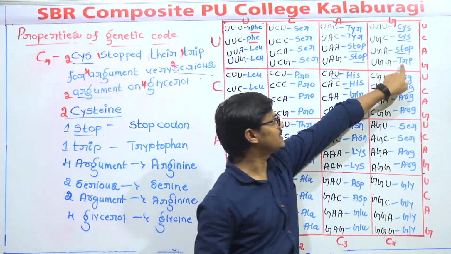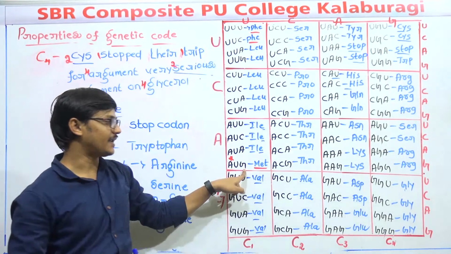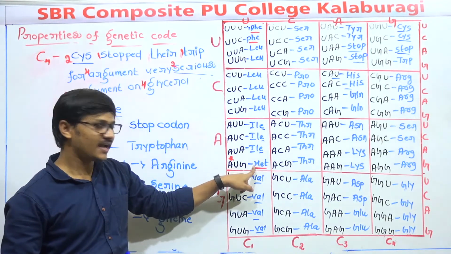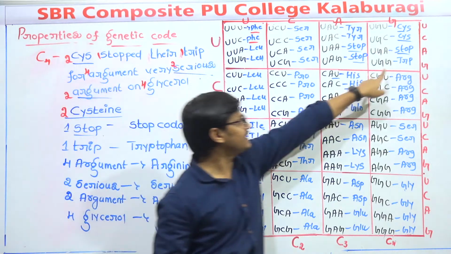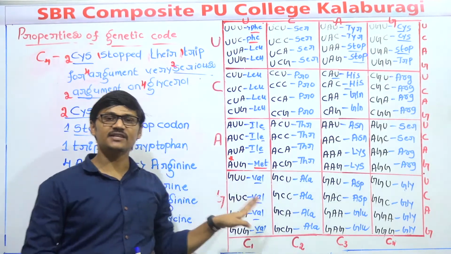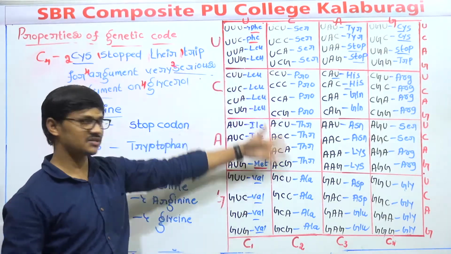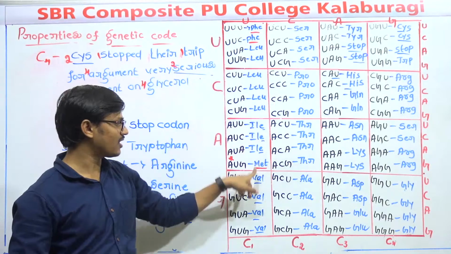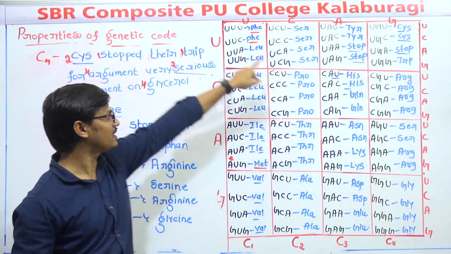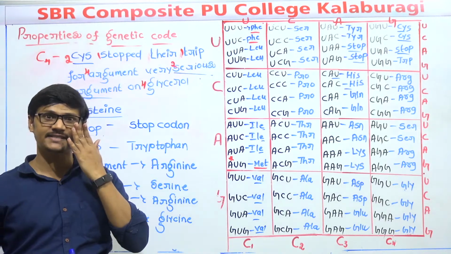The answer is tryptophan. There is one more amino acid, methionine. These are the only two amino acids which have only one genetic code. If you want, you can search. Except methionine here and tryptophan there, you will find no other. This is one way of asking questions in examination.